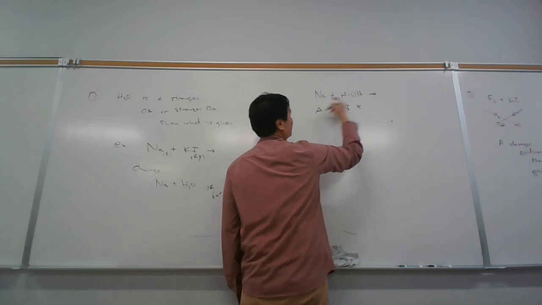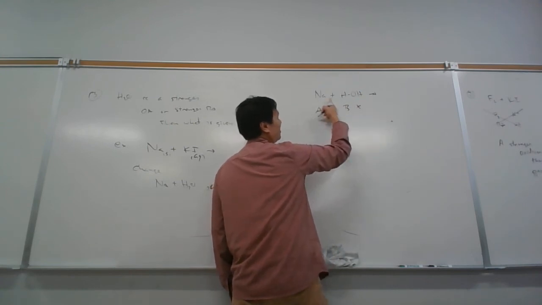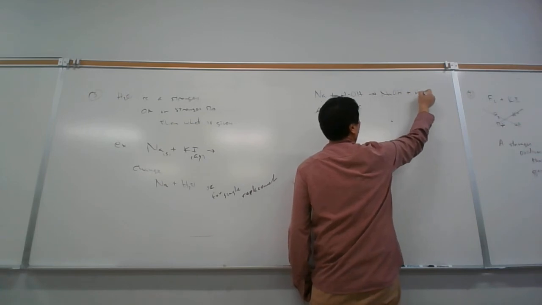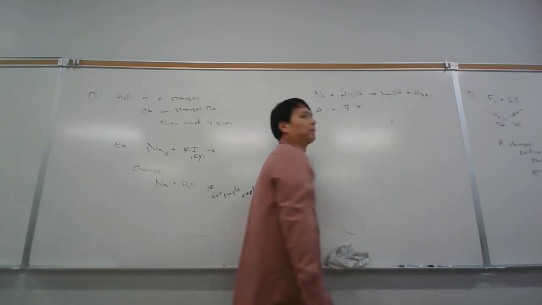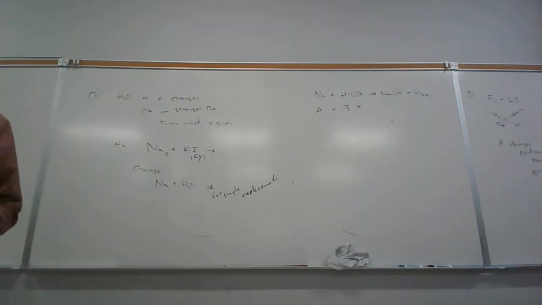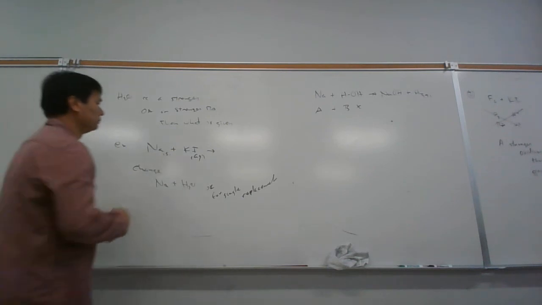A plus Bx here is going to go to sodium hydroxide plus hydrogen. And so if we wrote the single replacement like this, it would have worked. But here there was no reaction.